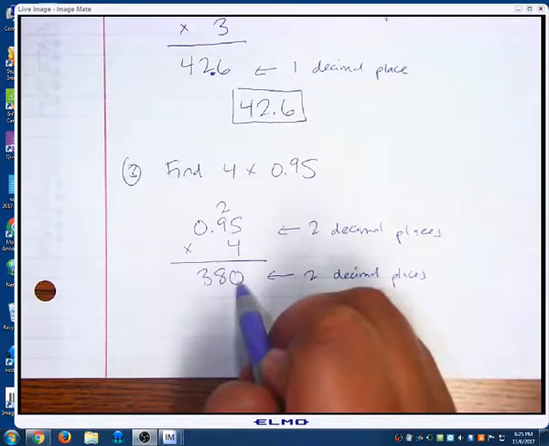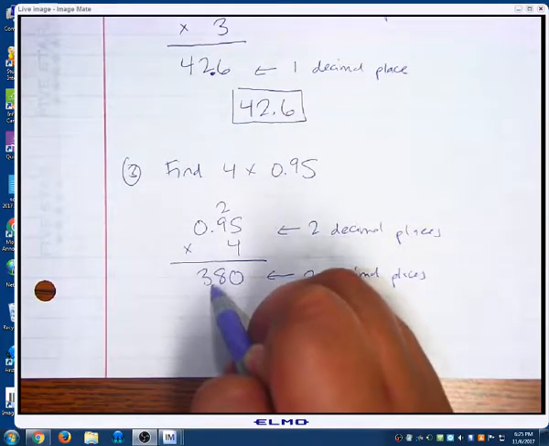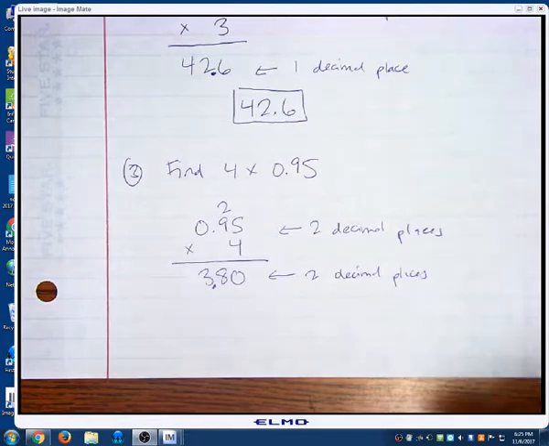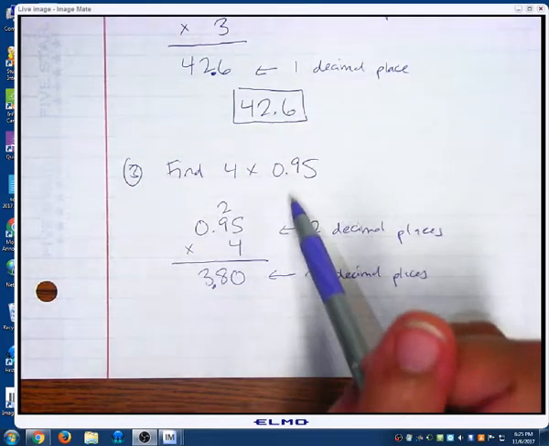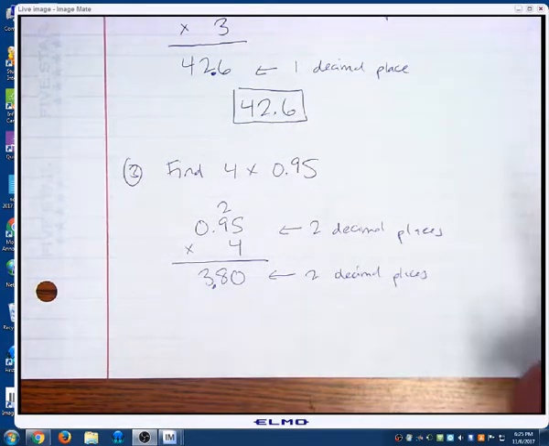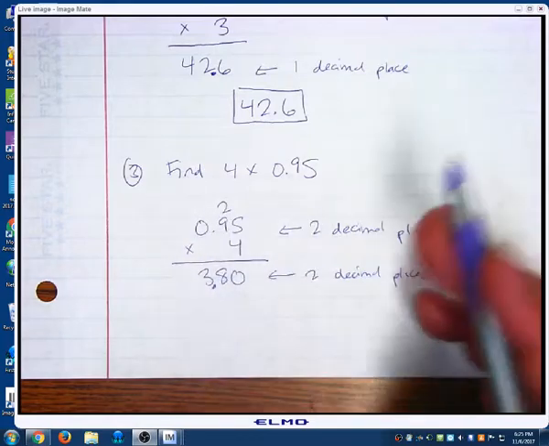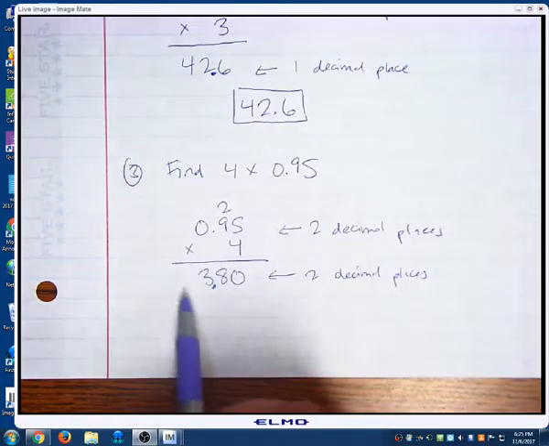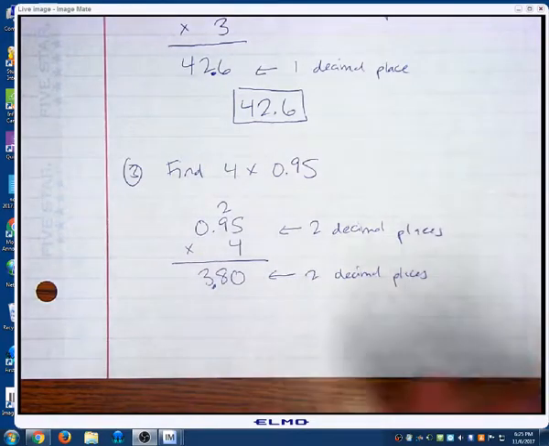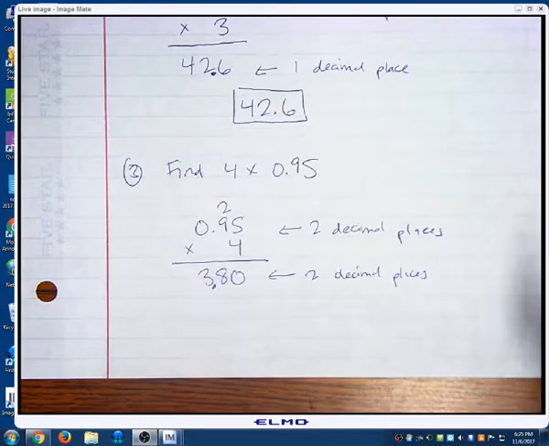So I put 1, 2, I put the dot right here. Let's see if this makes sense. 0.95 is pretty close to 1. So 1 times 4 is going to be about 4. My answer, 3.8, is pretty close to 4, so my answer makes sense. So my final answer is 3.8.